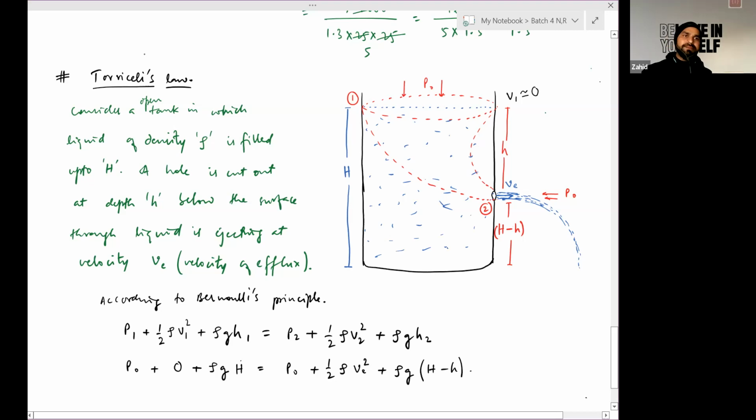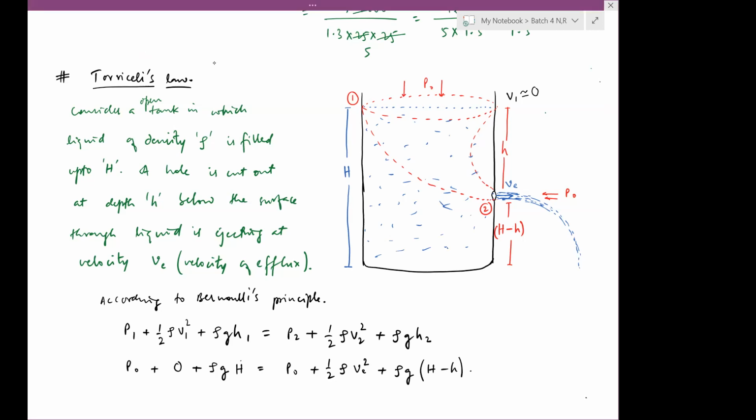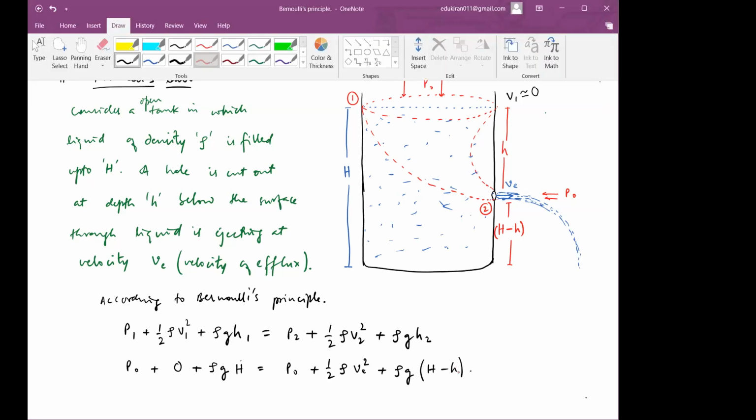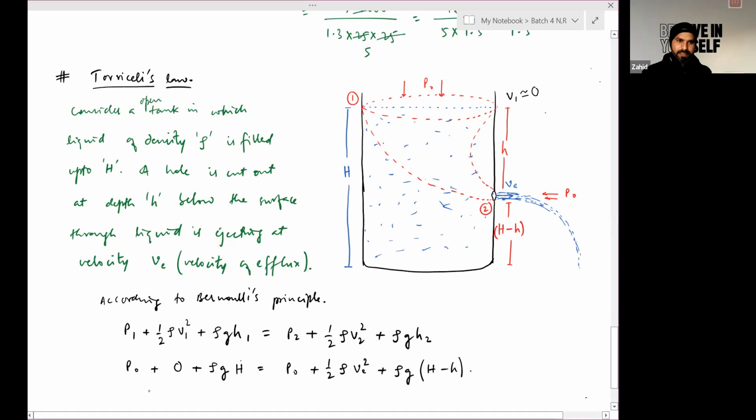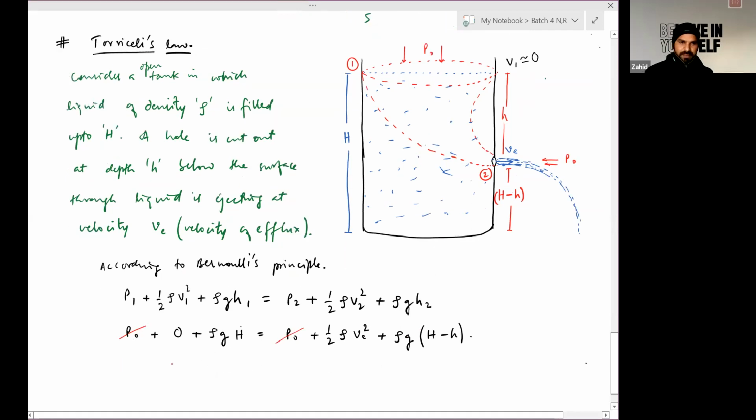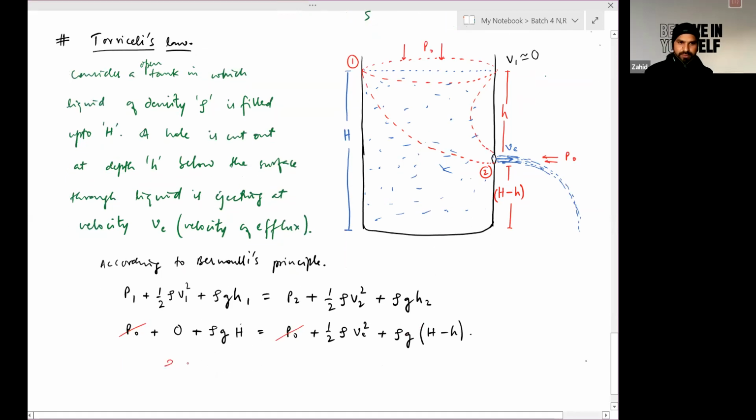Sham, any doubt? Yes. Okay. So this P naught and this P naught will cancel out. Now move this term to left side. So you will get rho g H minus rho g H plus rho g small h equals half rho V squared.